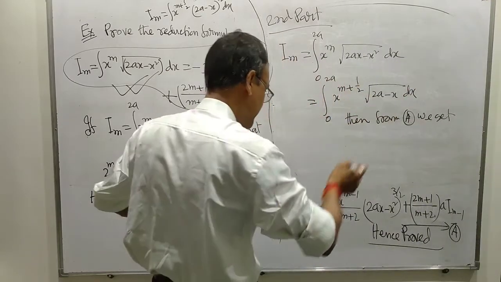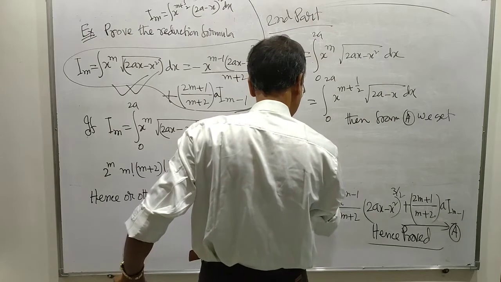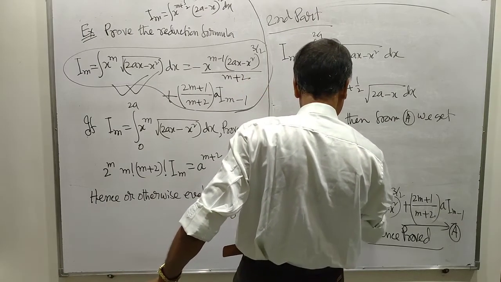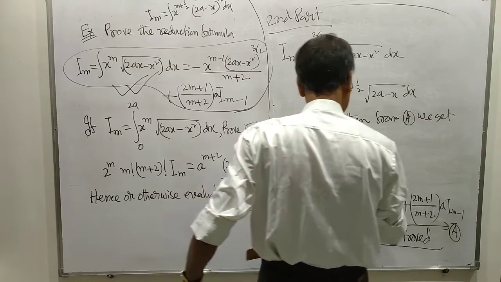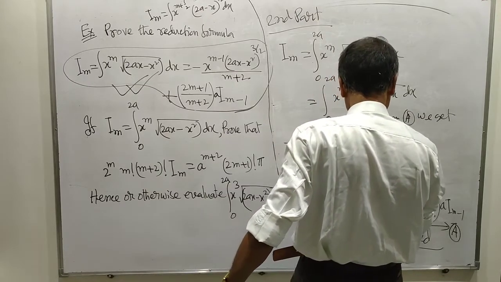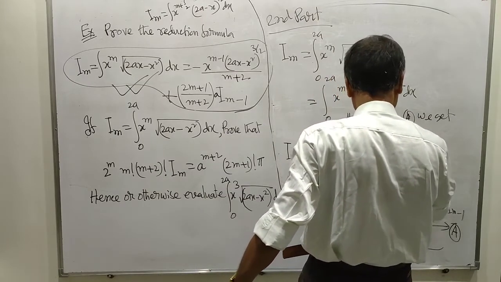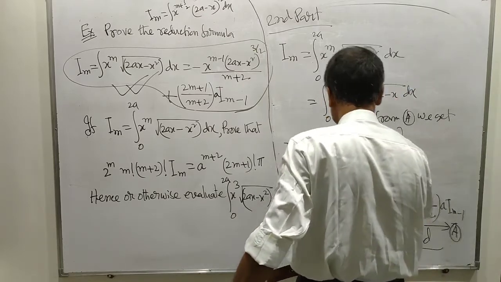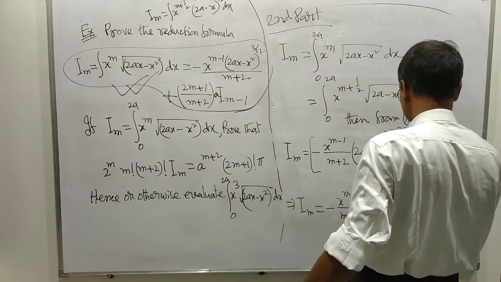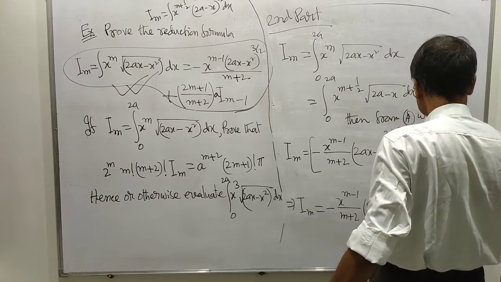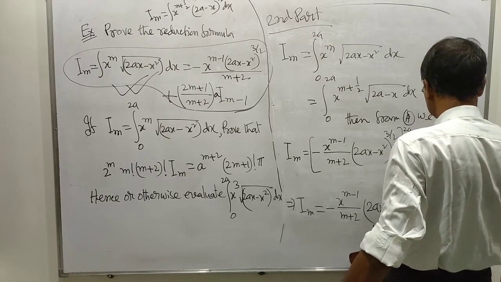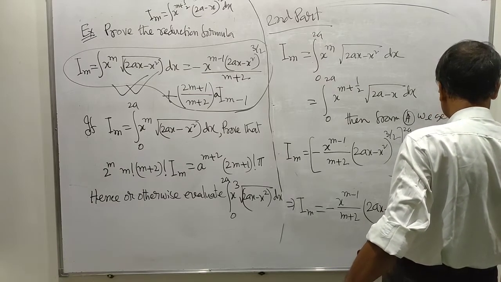From a we get I m is equal to minus x to the power m minus 1 divided by m plus 2, times (2ax minus x squared) to the power 3 by 2, from 0 to 2a, plus 2(m plus 1) divided by (m plus 2), a I m minus 1.